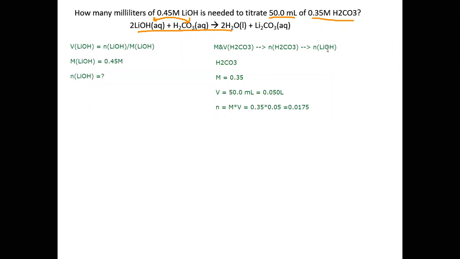So now we have the moles of carbonic acid. We need to convert it to moles of lithium hydroxide. So from the balanced chemical equation, we know that 2 moles of lithium hydroxide react with 1 mole of carbonic acid. So our equality or ratio is 2 moles LiOH equals 1 mole H2CO3. So if we know the moles of carbonic acid, we can find the moles of lithium hydroxide. So we set up the little table here to convert.